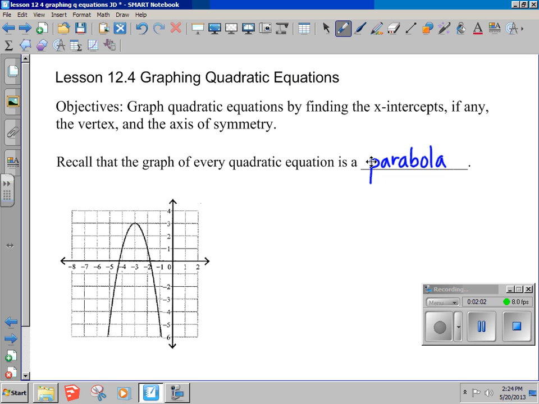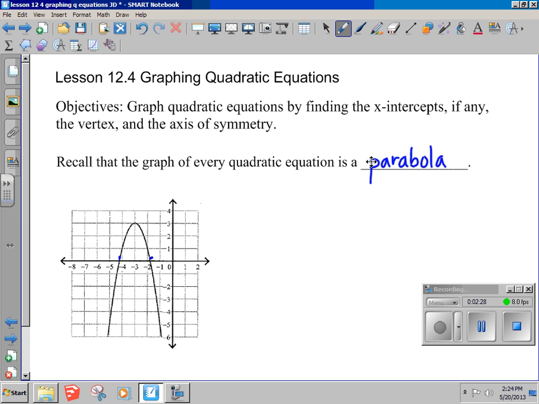Like if I'm graphing an equation like y equals mx plus b, the y-intercept is where the line crosses the y-axis. Good. So the x-intercepts are what? The x-intercepts then are where what, Robbie? Crosses the x-axis. Right. So these would be the x-intercepts right there.